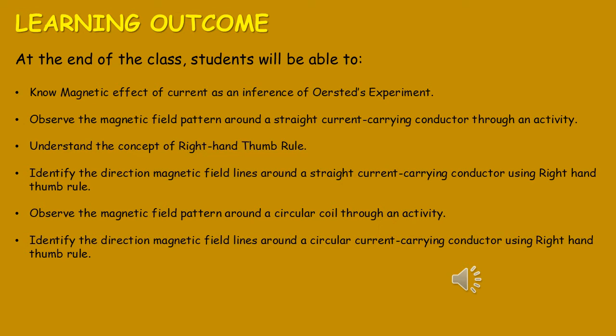They will be able to understand the concept of the right hand thumb rule and identify the direction of magnetic field lines around a straight current carrying conductor using it. They will also observe the magnetic field pattern around a circular coil through an activity, and identify the direction of magnetic field lines around a circular current carrying conductor using the right hand thumb rule.